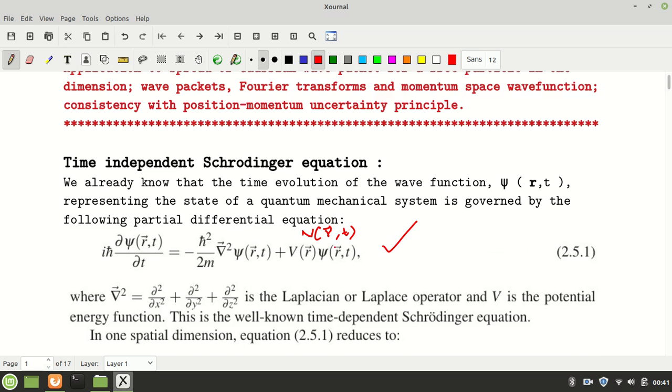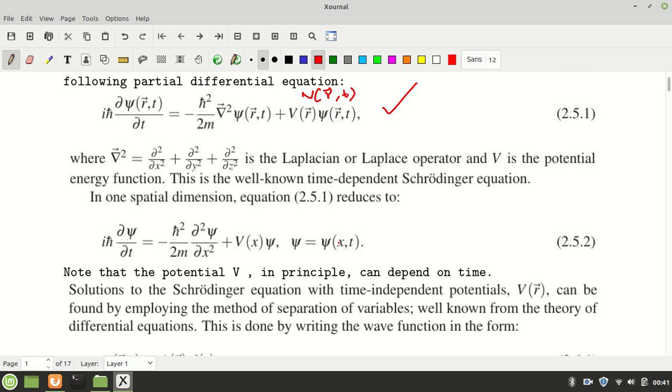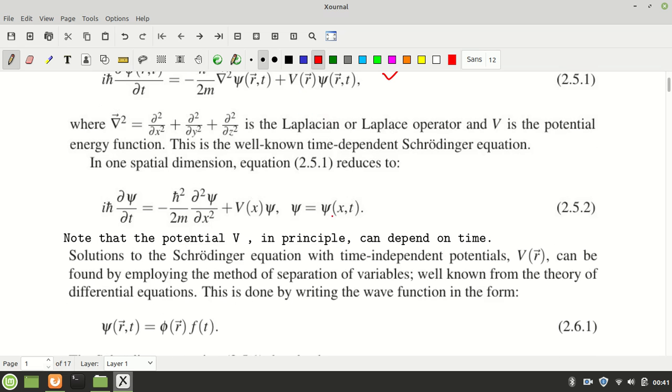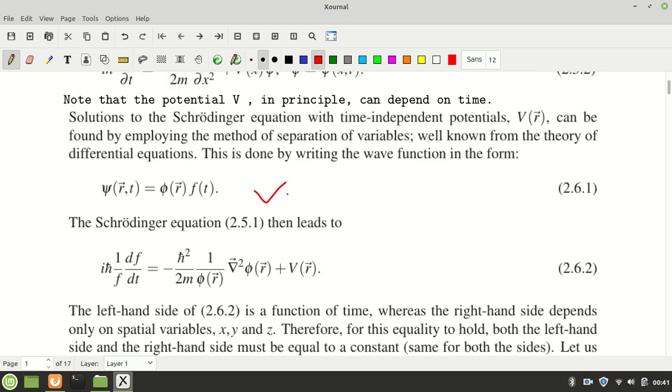Now, using the method of separation of variables, you can write psi as a product of the position and time functions, and let us put them into the Schrodinger equation.